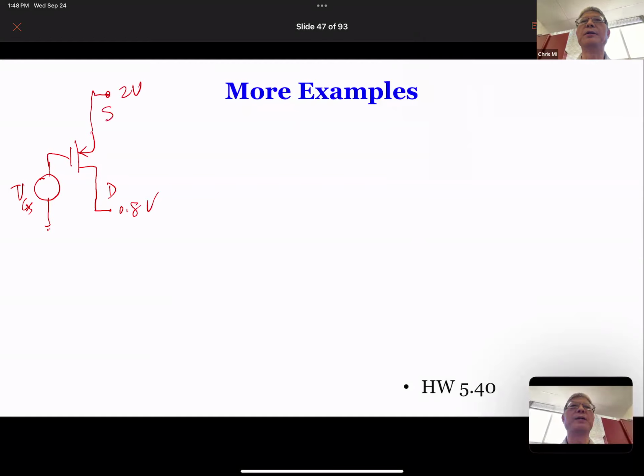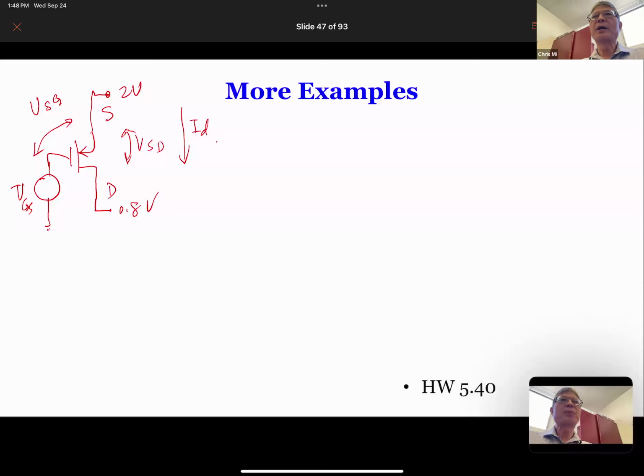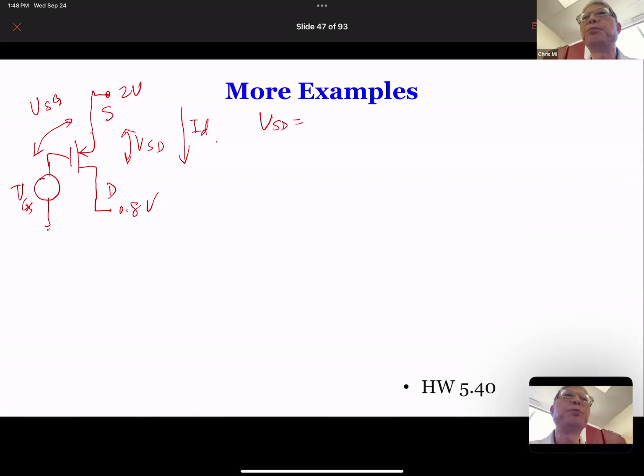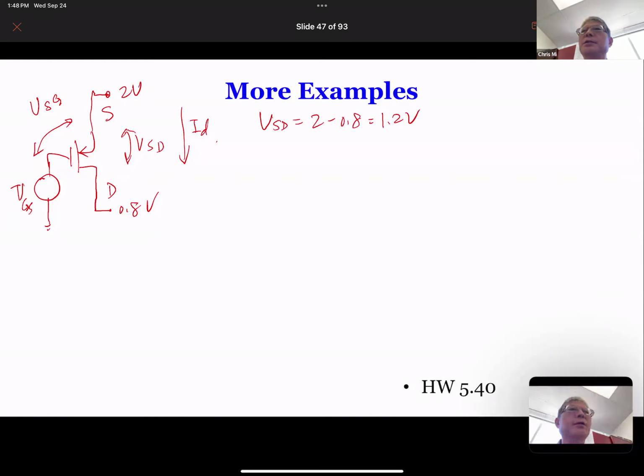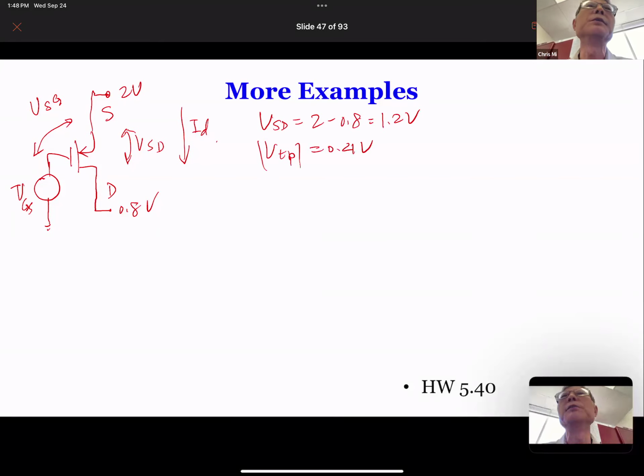So over here we can mark VSG and VSD, and also mark the current as ID. From this figure, you can already figure out that VSD is 2 volts minus 0.8, which gives you 1.2 volts. And also, VTP was given at 0.4 volts.